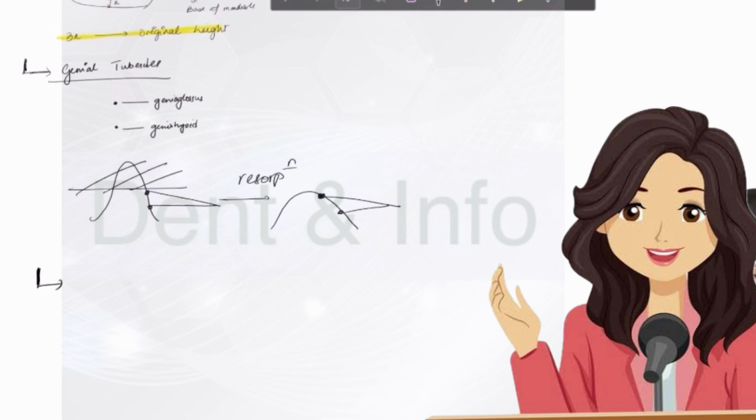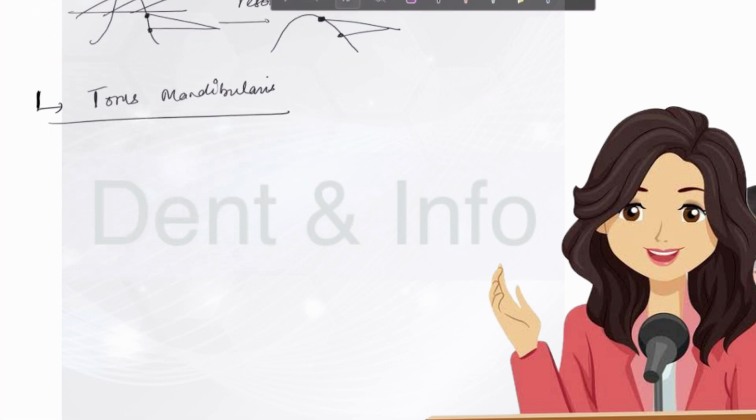Third important point that we need to read or understand is about torus mandibularis, which we see very commonly in the mandible rather than seeing a torus in the maxilla. So what do you mean by torus exactly? Torus is an exostosis of bone. It is an exostosis of bone which is present.